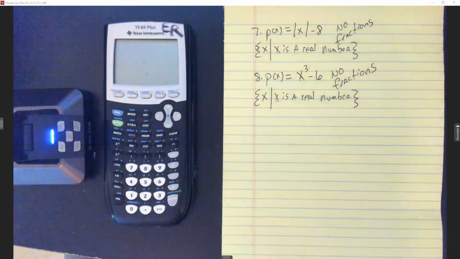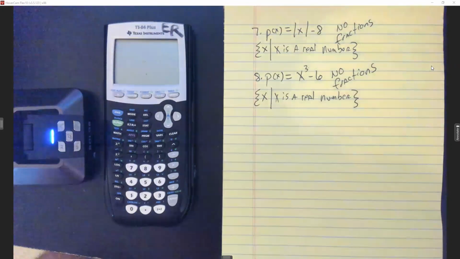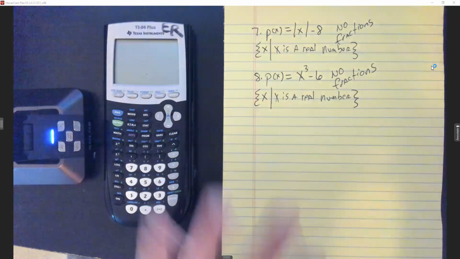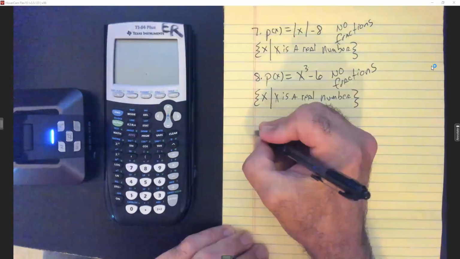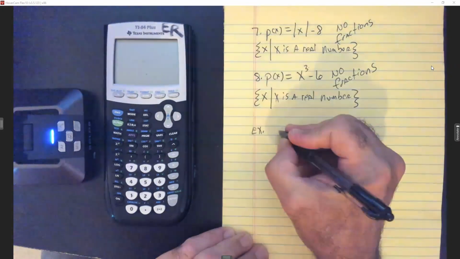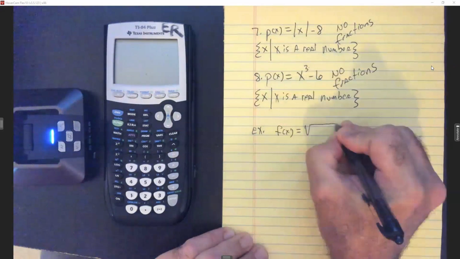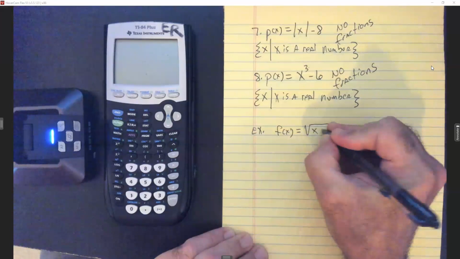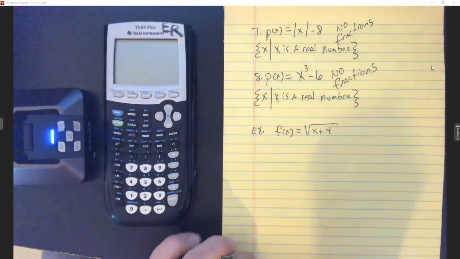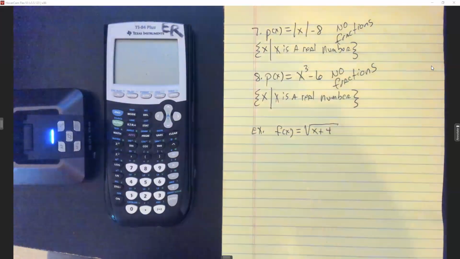Could you work one that has a square root? Oh, now we don't have one yet, but let me show you what would happen if you did. So say I had f of x equaled the square root of x plus 4. Now remember, we cannot take square roots of negative numbers, okay?